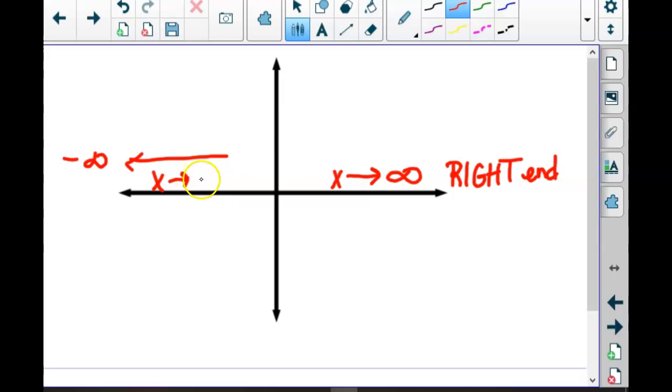So the arrow for approaches always goes left to right. So this reads x approaches negative infinity. But what direction is that? When I write x approaches negative infinity, you're telling me I'm going left. That you have to be able to translate. This is like a foreign language. This is math language. X towards negative infinity means left. X towards positive infinity, the x-axis getting big, means to the right.